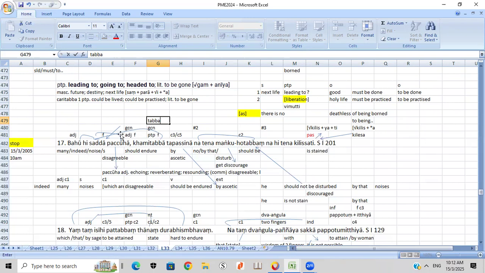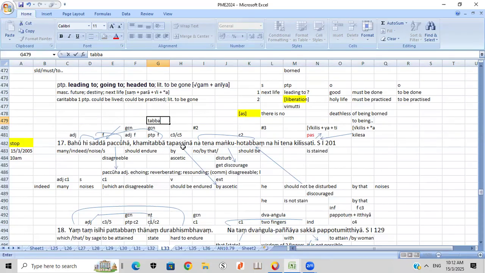Here, can you see the word karma plus itapa? Technically it means should be endured, or must be endured. So in this case, we continue. Which are disagreeable should be endured. This is the verb here.